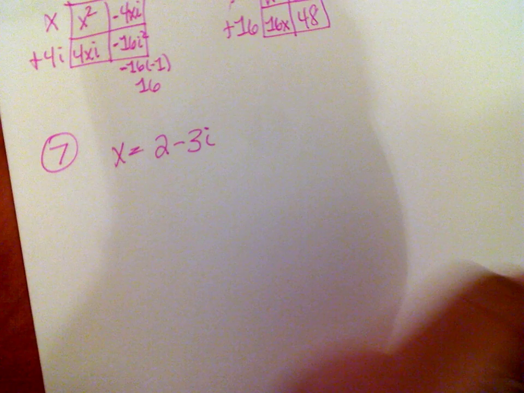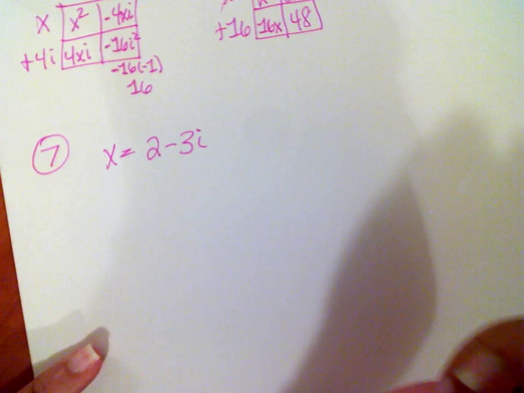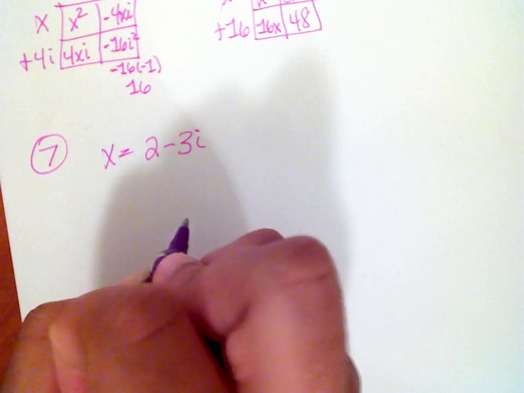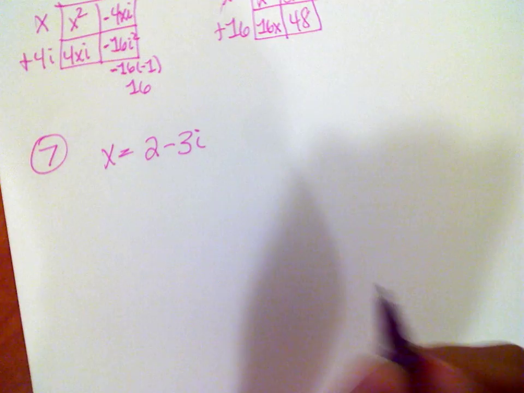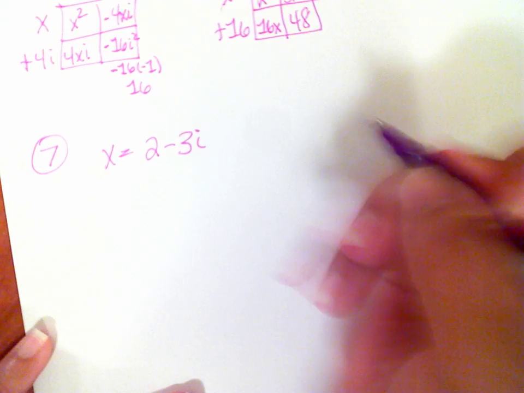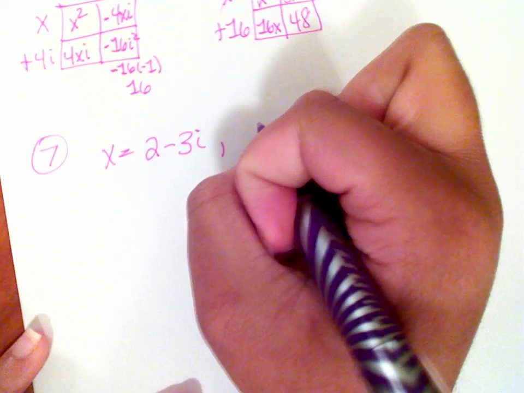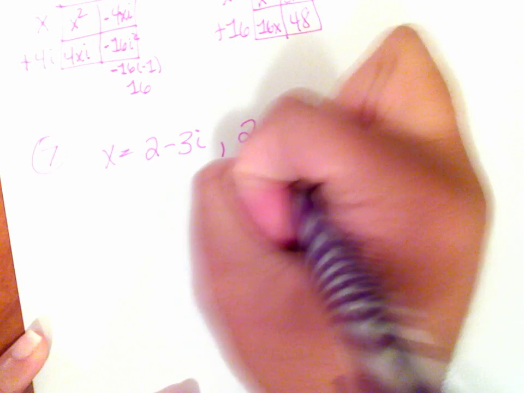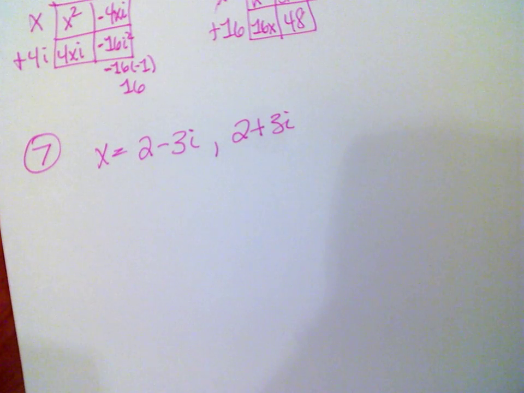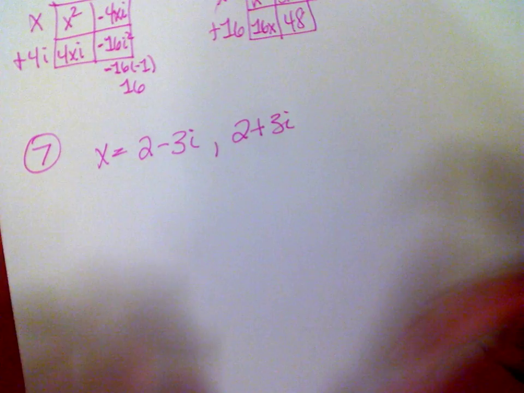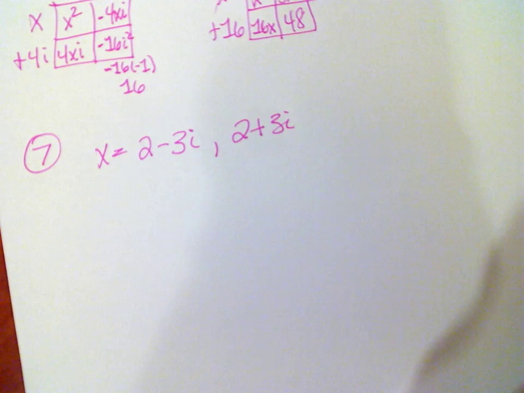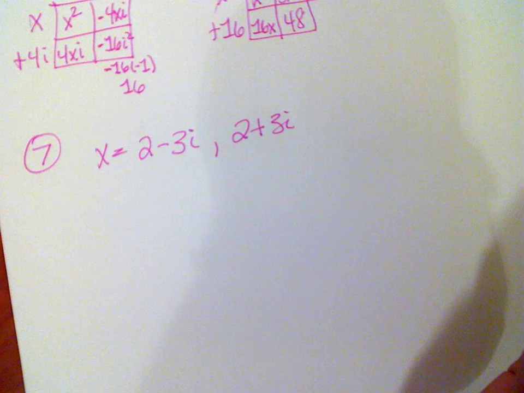According to the complex conjugate root theorem, if a minus bi is a root, then a plus bi is a root, and vice versa. So we also know that 2 plus 3i is a root. Now we can write our factors. Also, if you have an imaginary or complex root, because of those theorems, you know they always come in pairs.